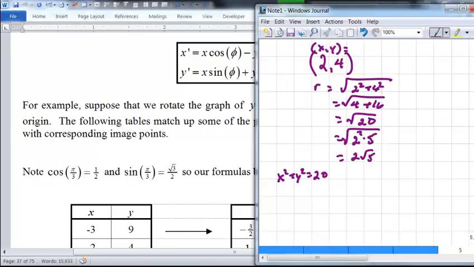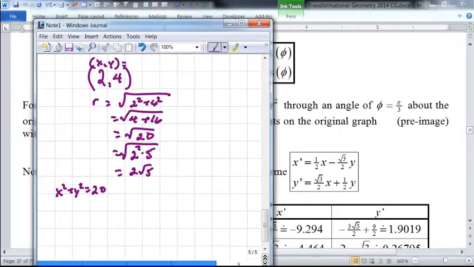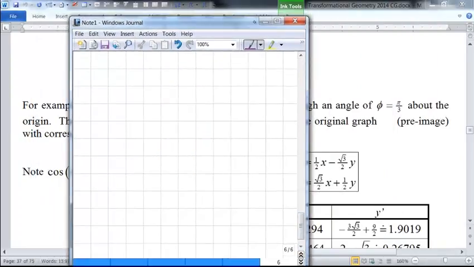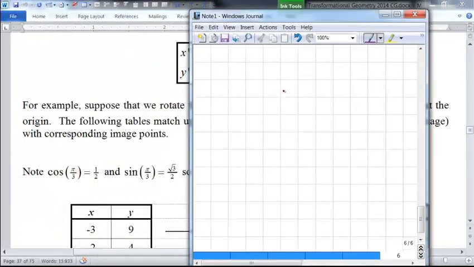Let's take a look at that and remember something about this here. These are some things that we typically use a lot. Pi over 3 can come exactly from an equilateral triangle.